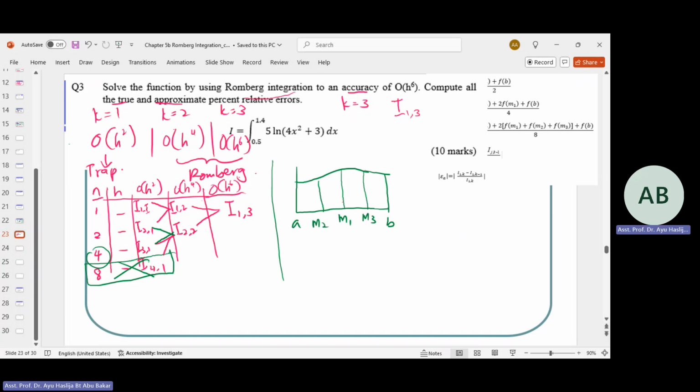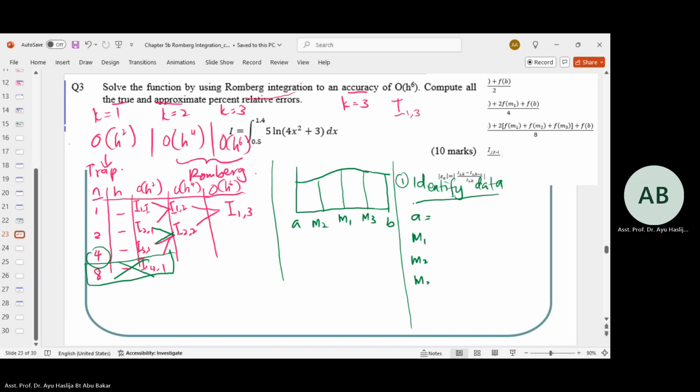So that's roughly the sketch of the segments involved. Then only you can identify your data. This one is up to you how you want to arrange the sequence. Yesterday we found M1 first.